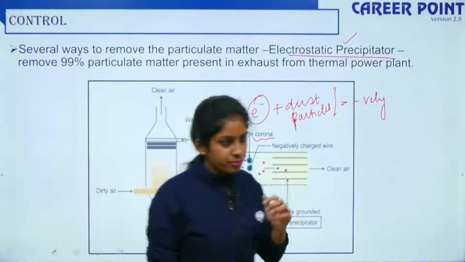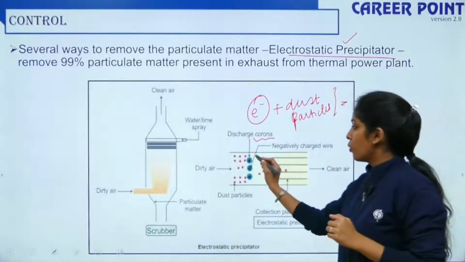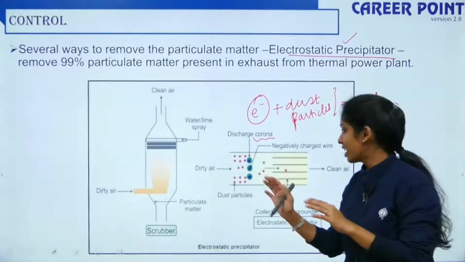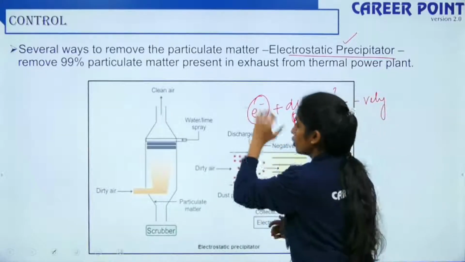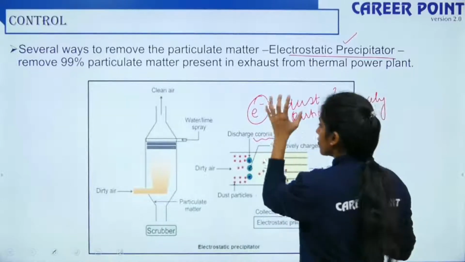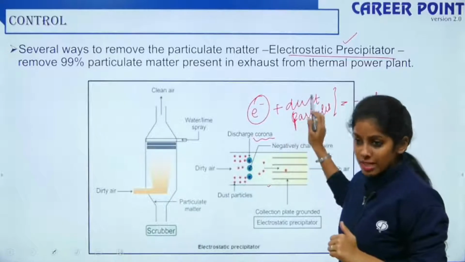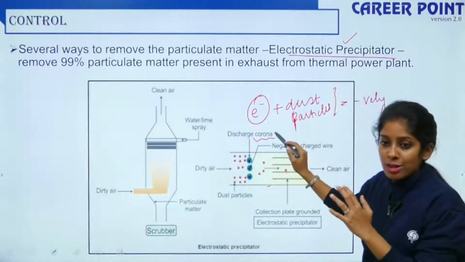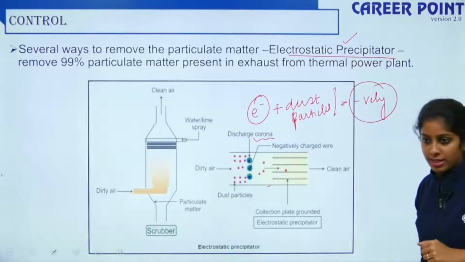So should I repeat? So understand, electrostatic precipitator. You have electrodes here. These electrodes are maintained at a particular voltage and they release your corona. Here corona means a bundle of electrons. These electrons attach with your dust particles. When they attach with your dust particles, they give a net negative charge to your dust particles.